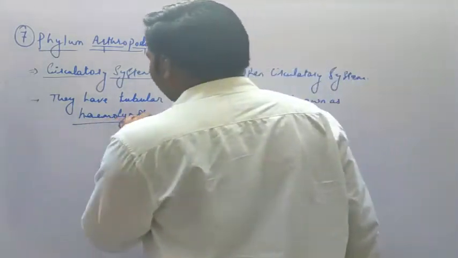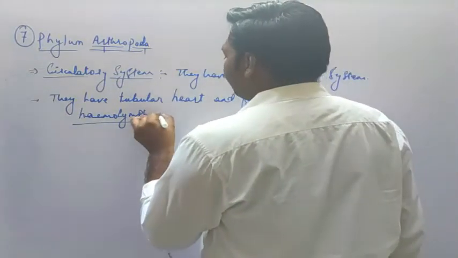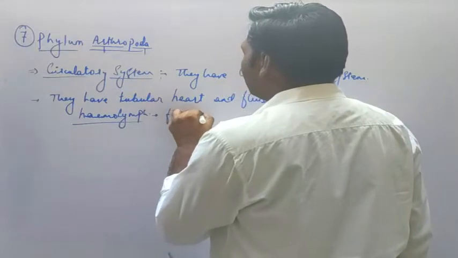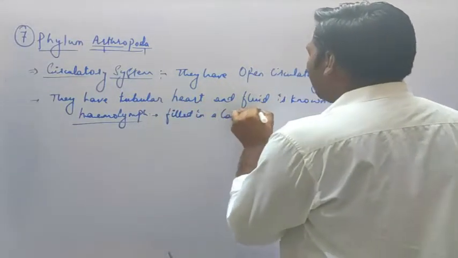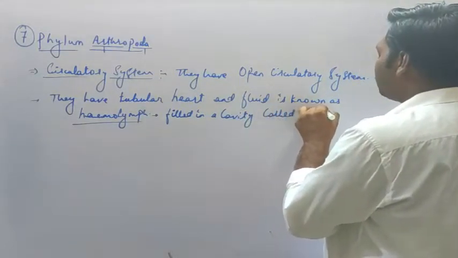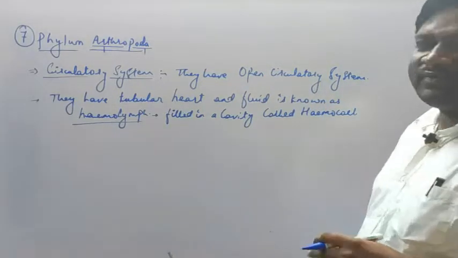So here hemolymph is the blood which is filled in a cavity called hemocoel. Where have we seen this?